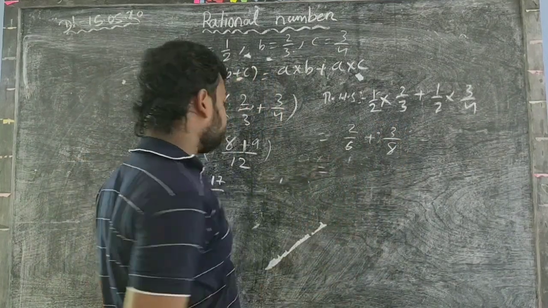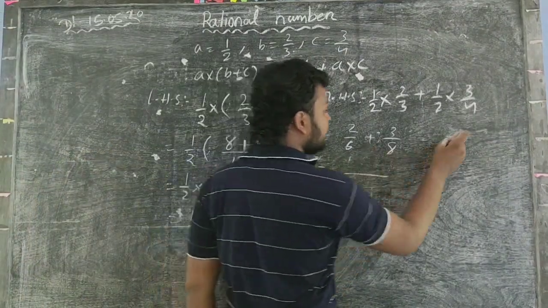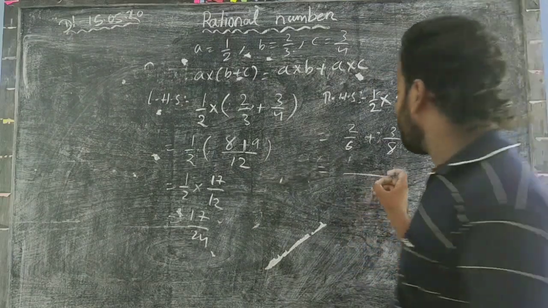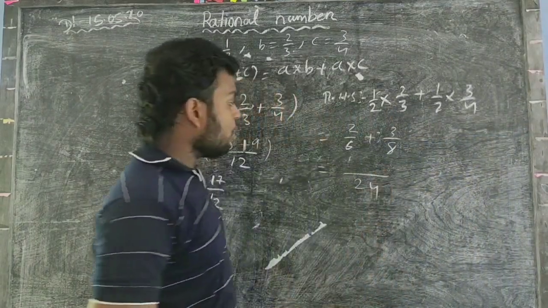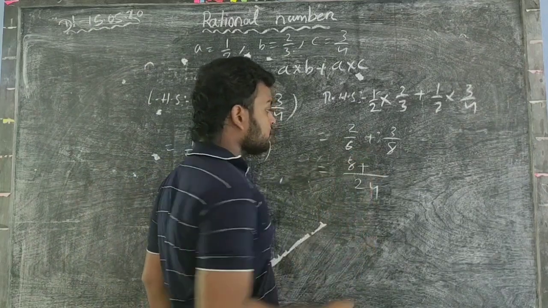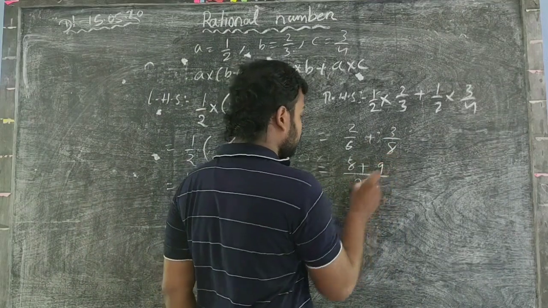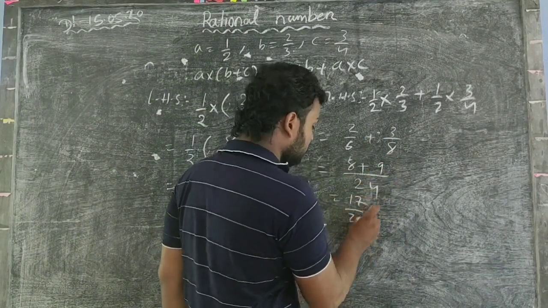So the LCM of 6 and 8 is 24. So 24 divided by 6 is 4, 4 into 2 is 8, plus 24 divided by 8 is 3, 3 into 3 is 9, equal to 17 by 24.